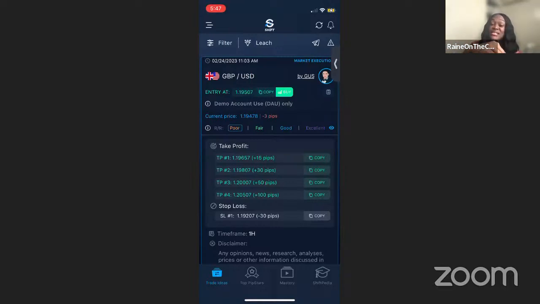Because when it's at entry, you want to put it a little bit above the entry. But for the other take profits, you want to put it a little bit below for buys. So right now, take profit 2 is 1.19807. So if it hit take profit 3, I would want to change it to 1.19800.